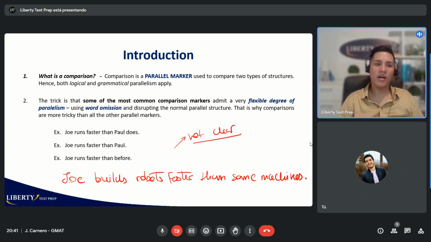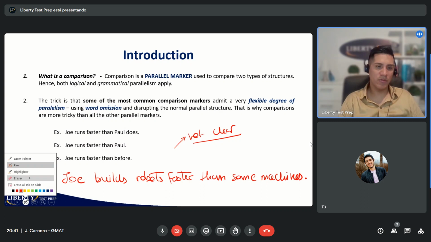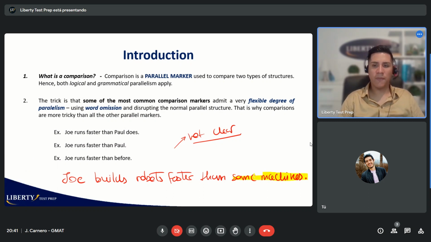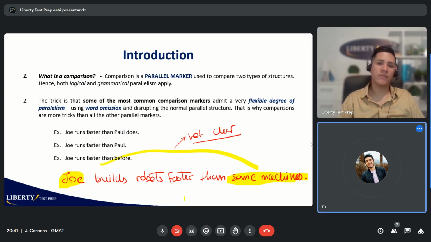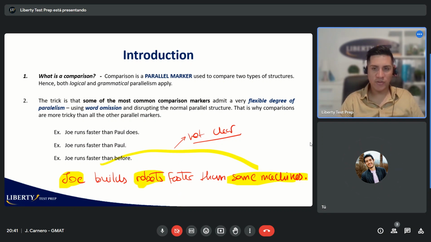It's logically incorrect also. Why? Because if I say "some machines," one would believe you're making a comparison between machines and Joe, right? So he builds robots faster than the machines build robots. Then you have the word robots here. So what happens whenever you have more than one noun on the left? Then that whole thing is ambiguous.